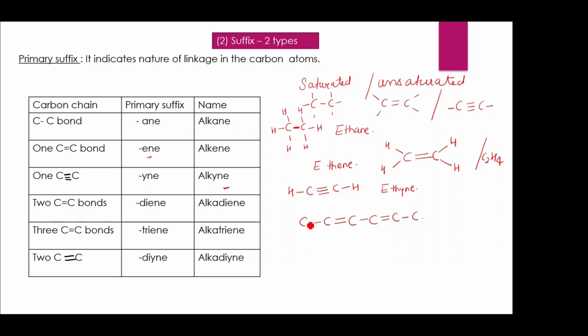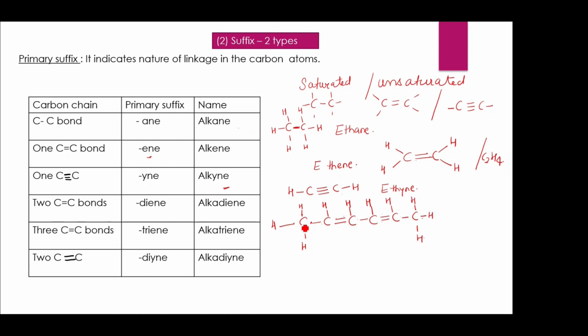All 4 valencies of each carbon are completed with hydrogens.